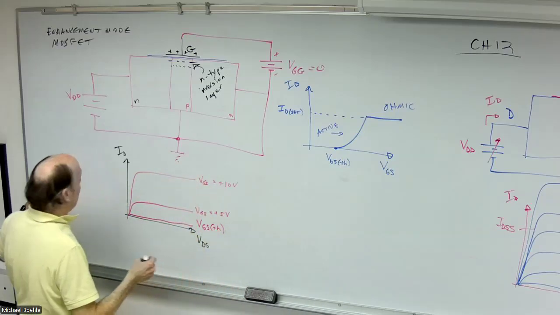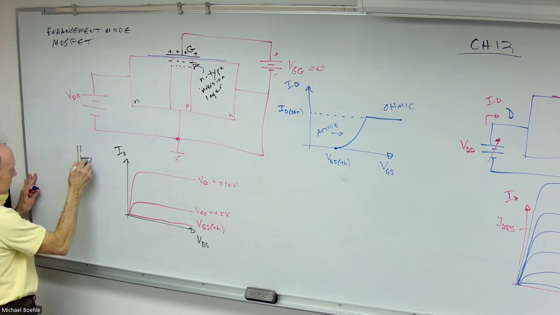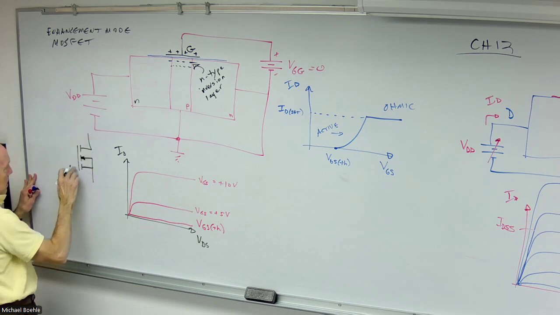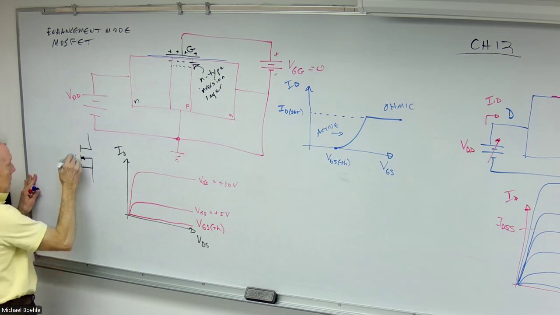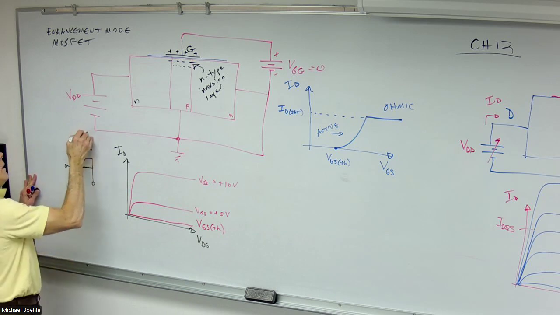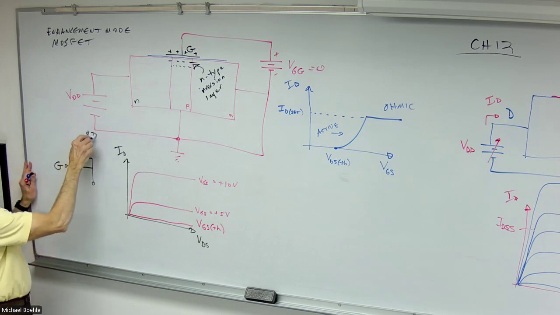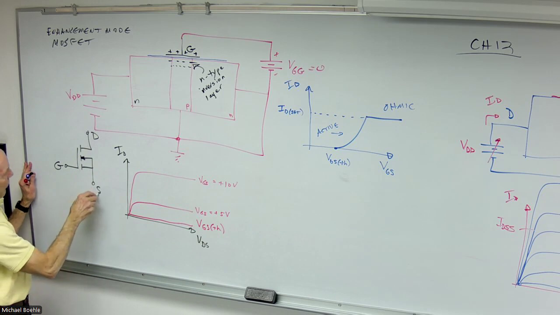Our schematic symbol for that basically looks like this. Here's your gate, drain, source.